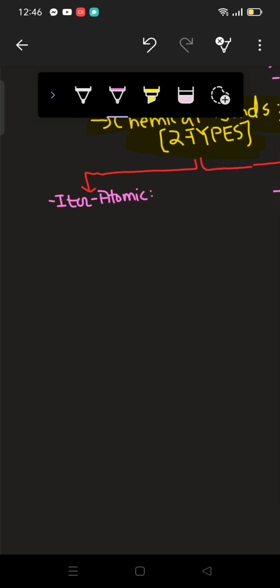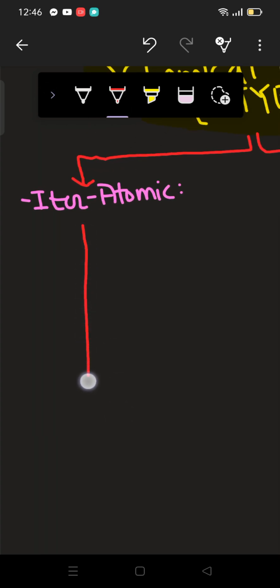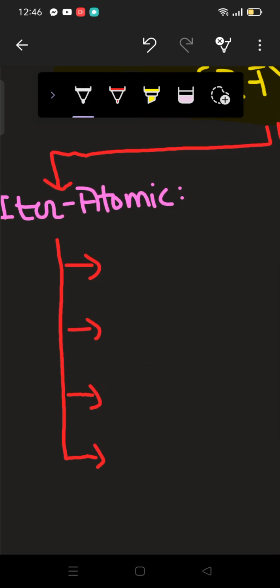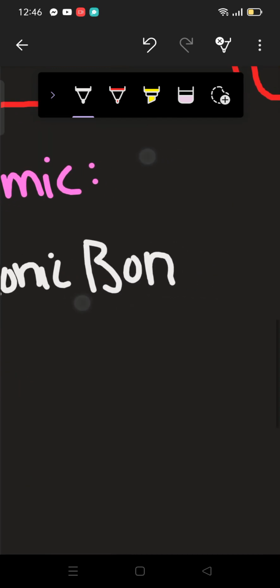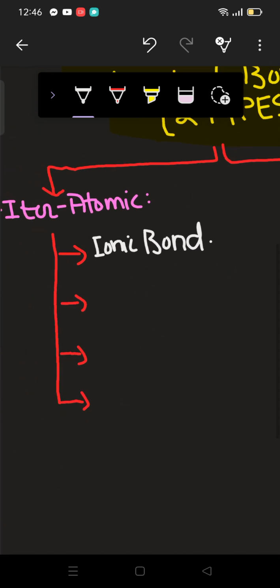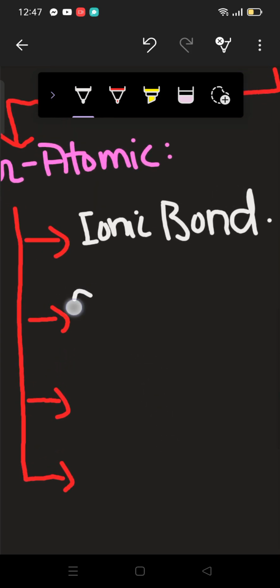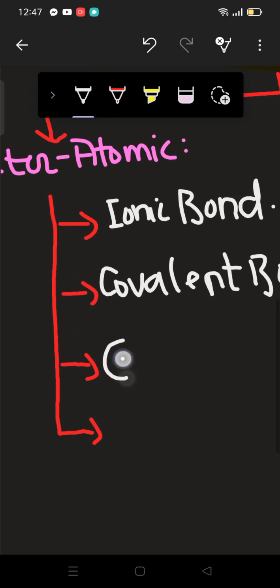Now let's go to their subtypes. Interatomic has 4 subtypes. The first is the ionic bond; we're going to discuss each in great detail. Second is the covalent bond. Third is the coordinate covalent bond.